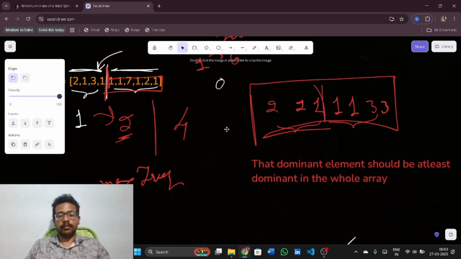So if it should be dominant in the subarrays at a valid split, it should be at least a dominant element in the whole array. Then only do we consider that element as the dominant element in the left and right subarray in any split.